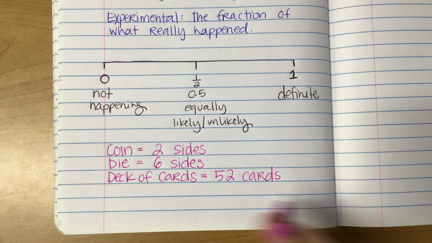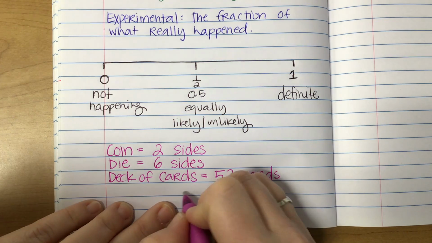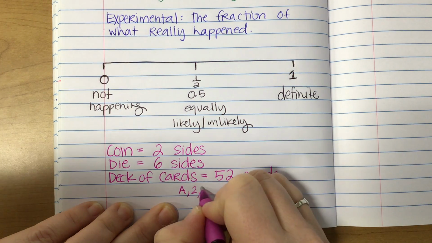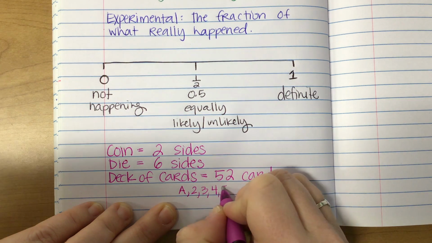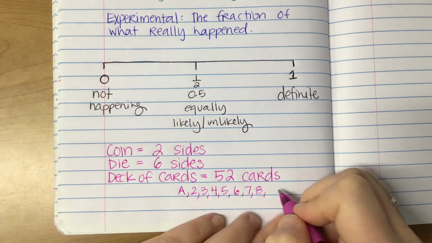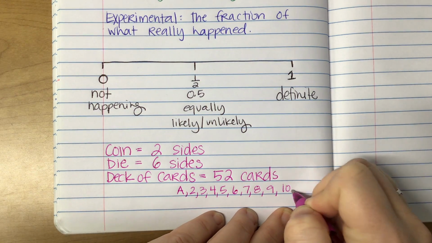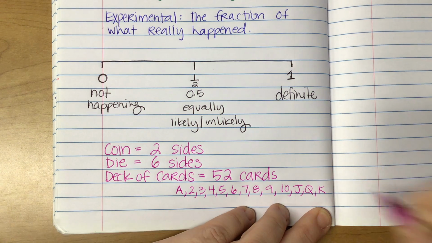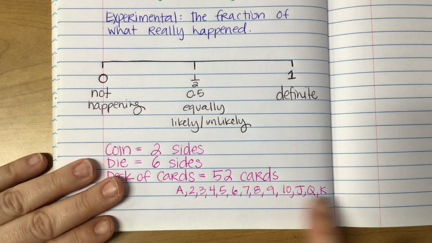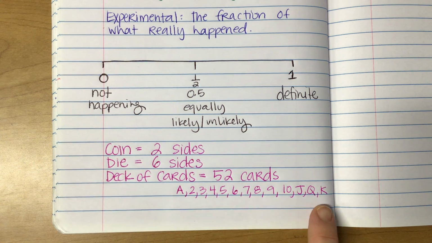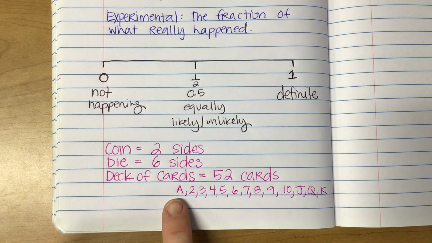And in a deck of cards, there's an ace, 2, 3, 4, 5, 6, 7, 8, 9, 10, jack, queen, king. Now the ace could go after the king. But that's called a suit, like those are all in a suit.